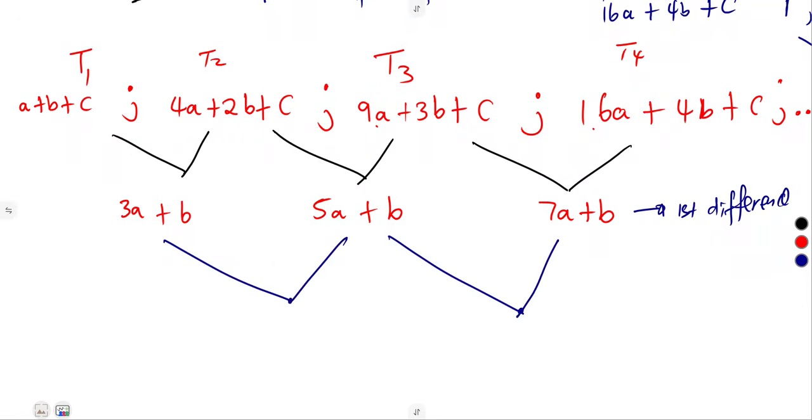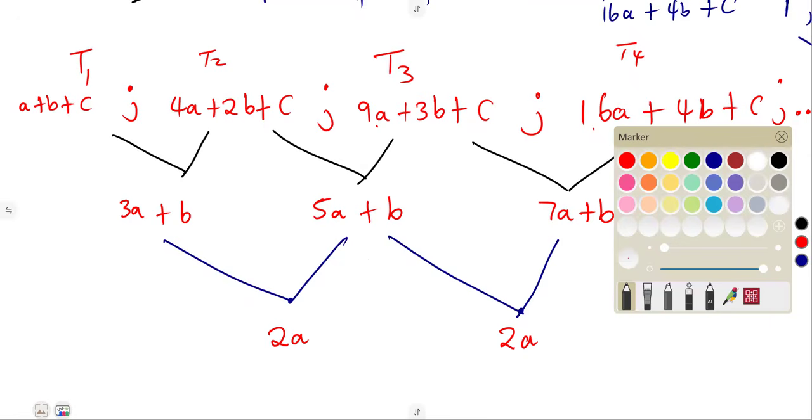So if we find these differences, that's 5a minus 3a. 5 minus 3, which is what? Which is 2. So that's 2a. b minus b, it cancels out. It's no longer there. That's a 0. So we move on. The 7a plus b is going to subtract this one. So 7a minus 5a, that's 2a. b minus b, that's a 0 there.